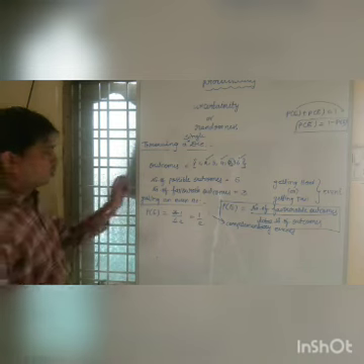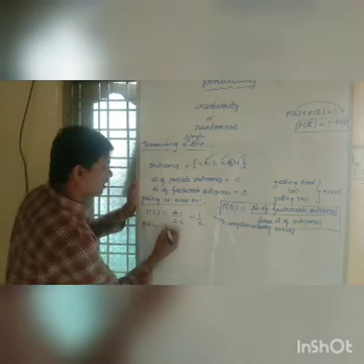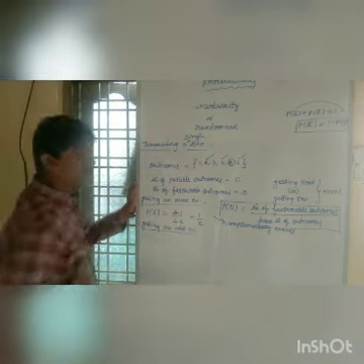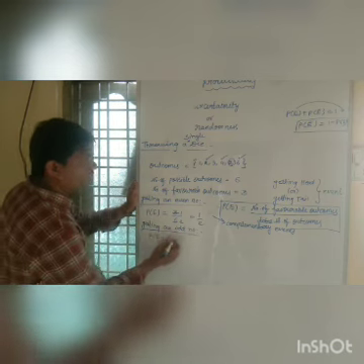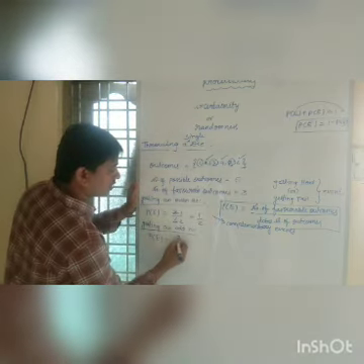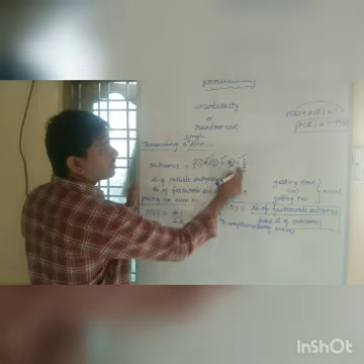Right? Now coming to one more event, what is the probability of getting an odd number? That is P of E equal to, what are the odd numbers? 1, 3, 5. So number of favorable outcomes are 3 and total number of outcomes are 6.